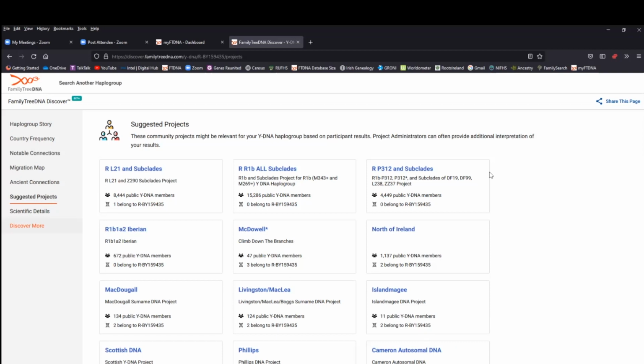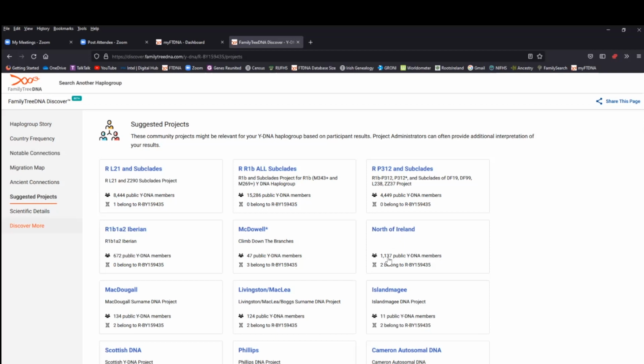So it's giving you a few ideas of projects that you may want to join, because with there being, I don't know, about 10,000 projects, sometimes it's very easy to miss the one that would be useful to you. And again, with North of Ireland, we have over 7,000 members.